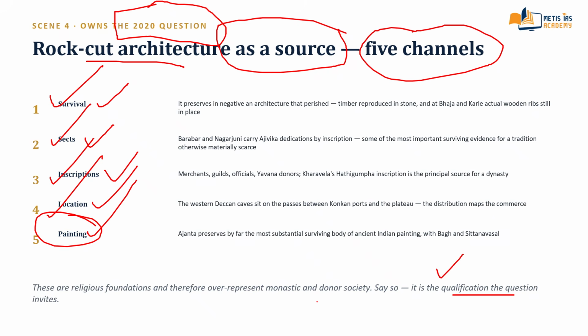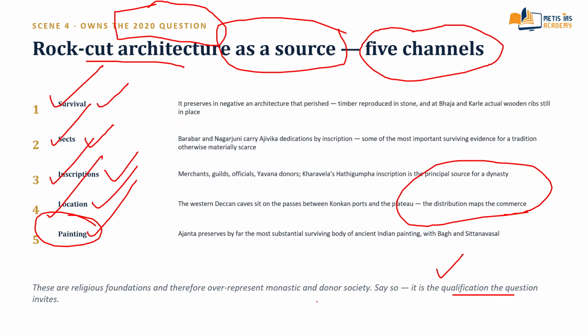So rock cut architecture as a source has these five channels: as a source for survival, for sects, for inscriptions, for location and distribution maps, the commerce, and as a source for paintings through the Ajanta, Bagh, Sittanavasal caves. This is regarding rock cut architecture as a source.